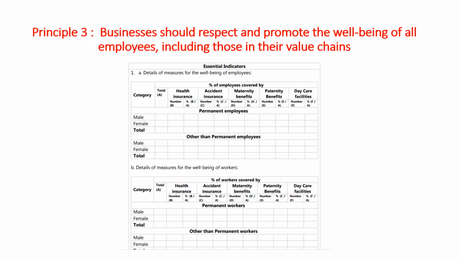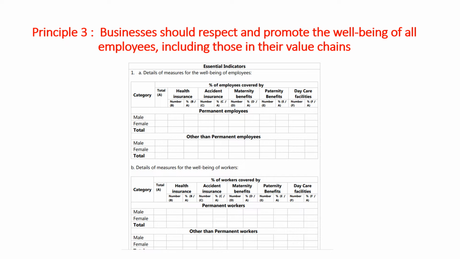Principle number 3 talks about businesses respecting and promoting the well-being of all employees, including those in their value chain. In this part of the format you will see questions about how you are managing the well-being of your people.